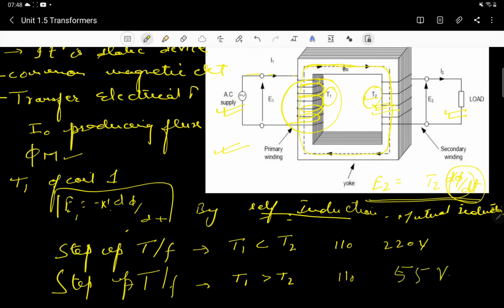All right. So this is the step up and step down transformer. The transformer simply transfers the voltage, it is giving the supply from primary to secondary depending on the number of turns. All right.